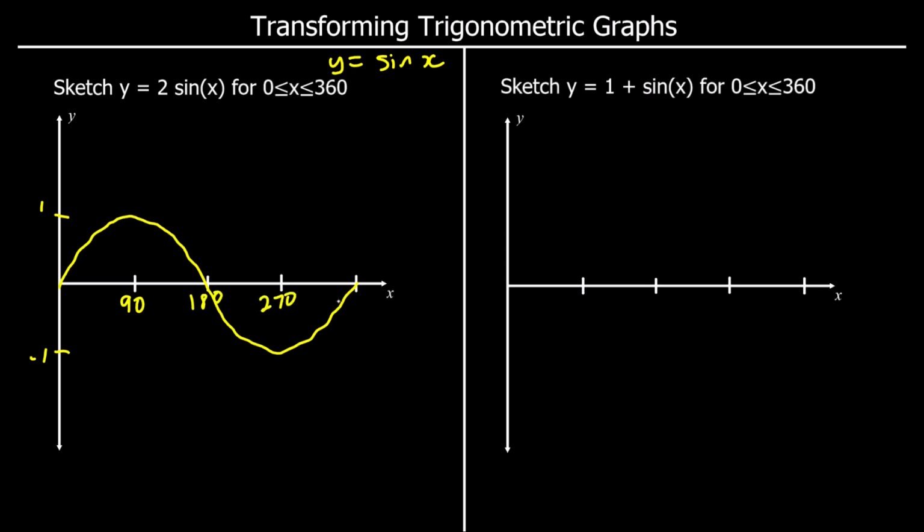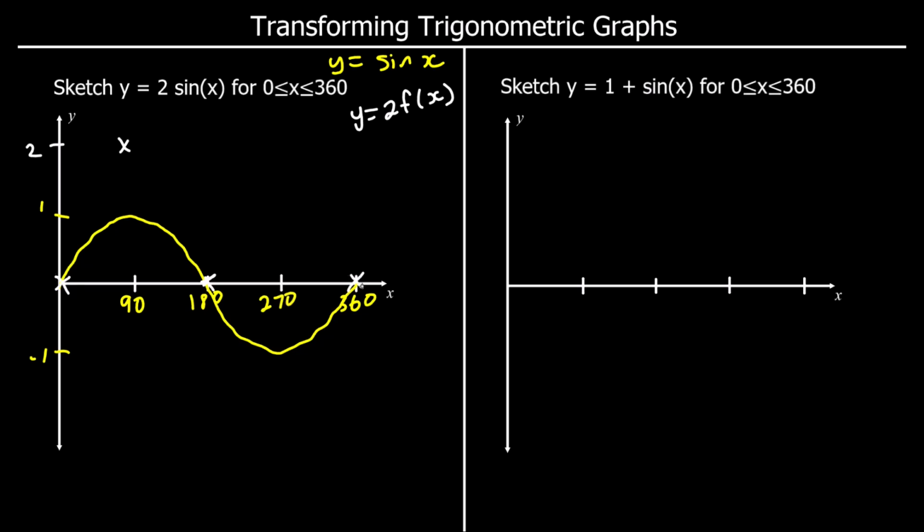That's sine x. We want 2 sine x. So that's the same as y equals 2 f of x. The change is outside the bracket. It changes the y, and it's going to double all the y values. So 1 is going to go up to 2. 0 stays where it is.